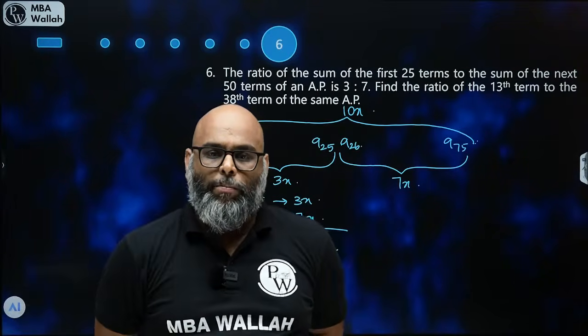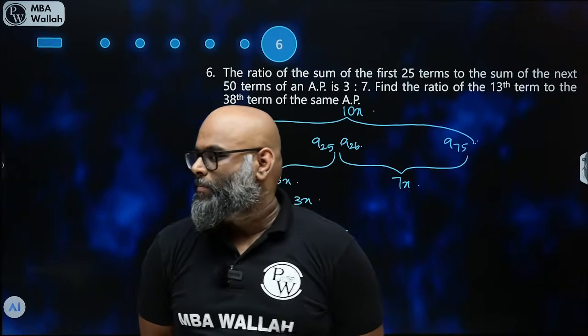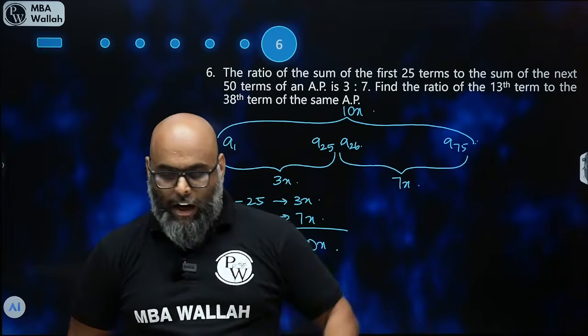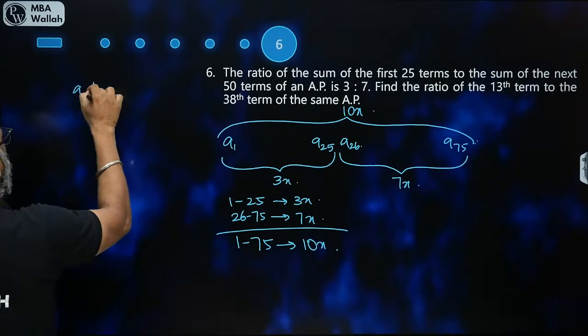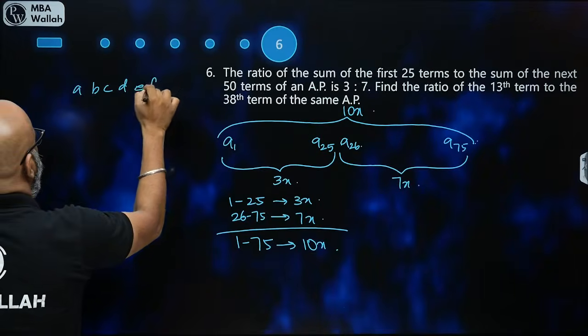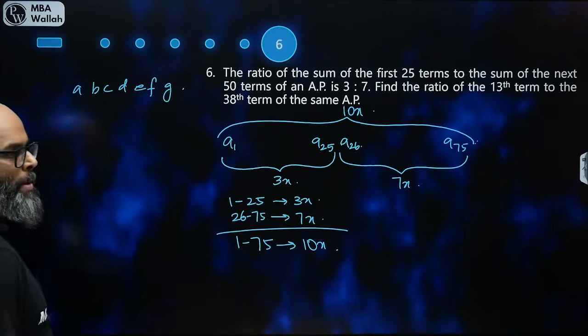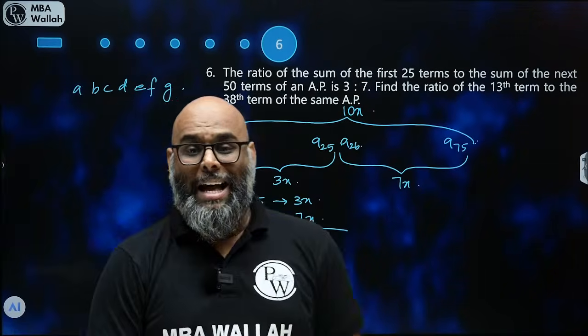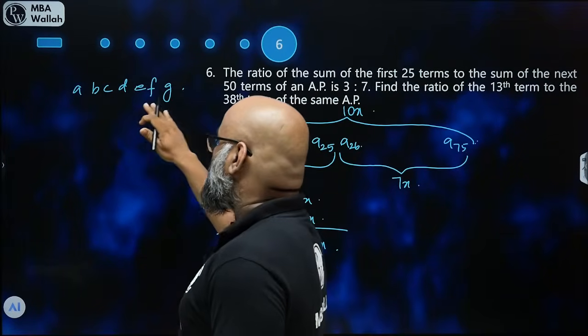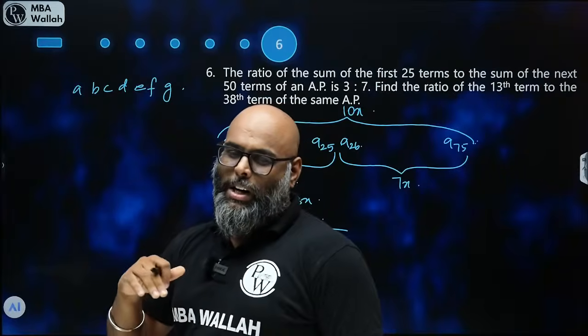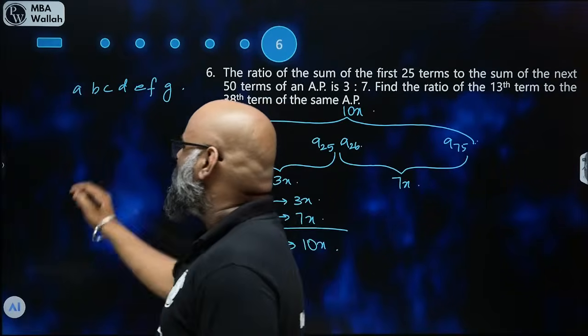How do you find the sum? What is the easiest thing to do? There are 7 terms. Think about A, B, C, D, E, F, G. 7 terms in an AP. How do you find the sum of this? Rather than saying A plus B plus C plus D plus E plus F plus G, what is the easiest way to do this?